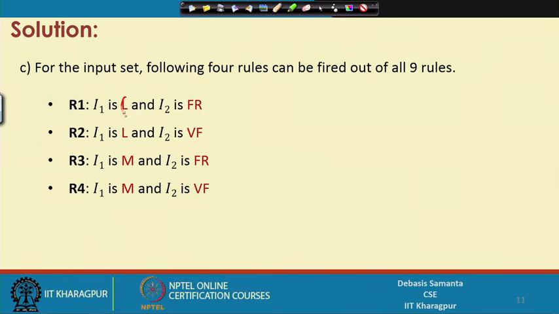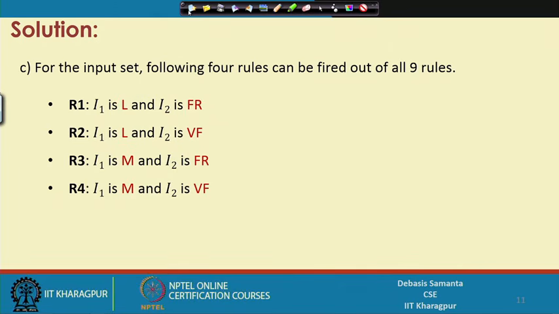Now, as we see, for I 1 equals 6.0 and I 2 equals 2.2: when I 1 is 6.0 it belongs to the fuzzy states L and M. Similarly, when I 2 is 2.2 it belongs to the fuzzy states F r and V f. Putting all these together, there are therefore 4 rules.